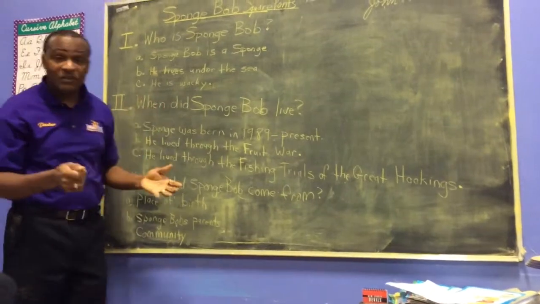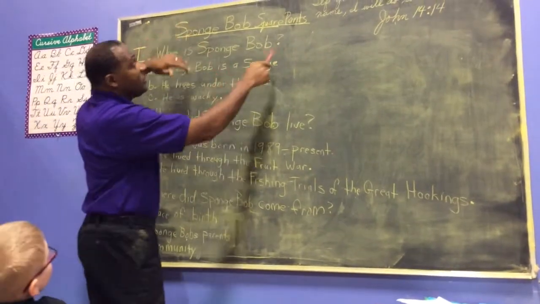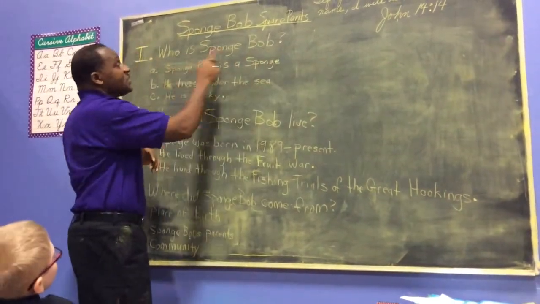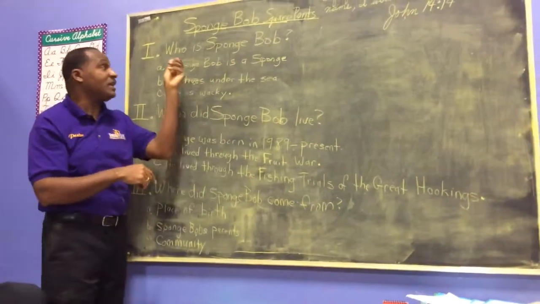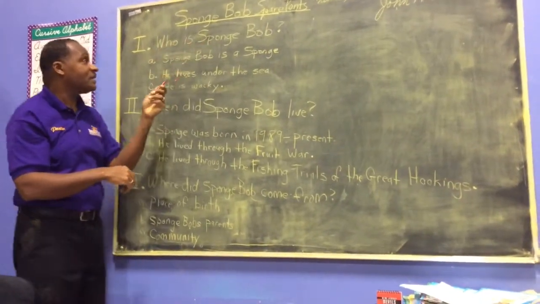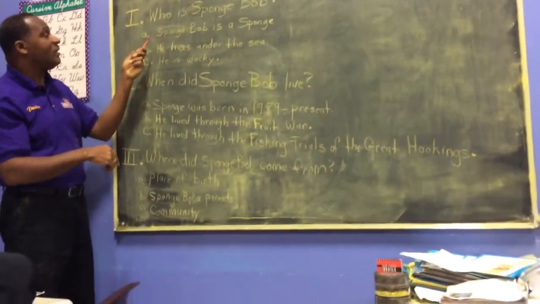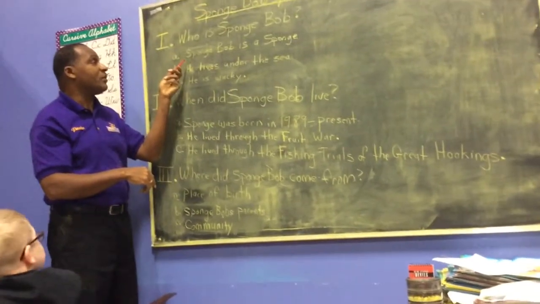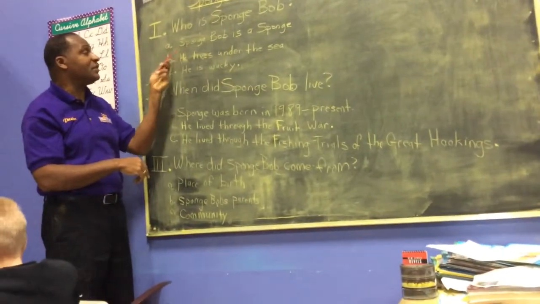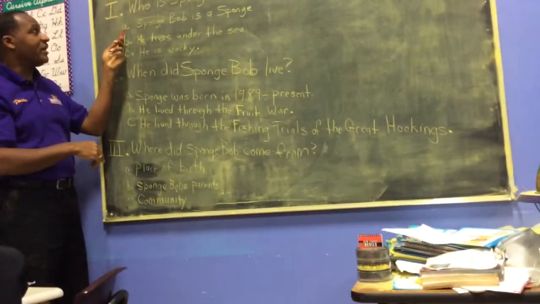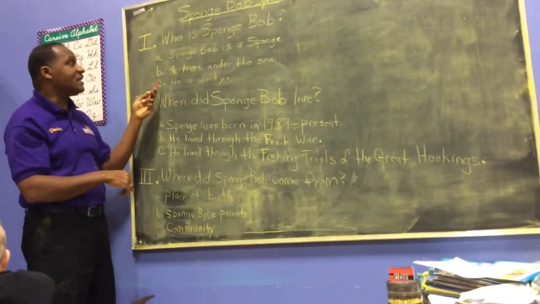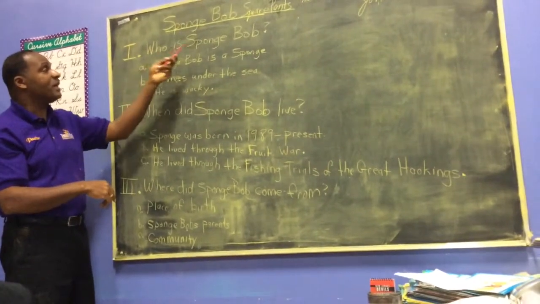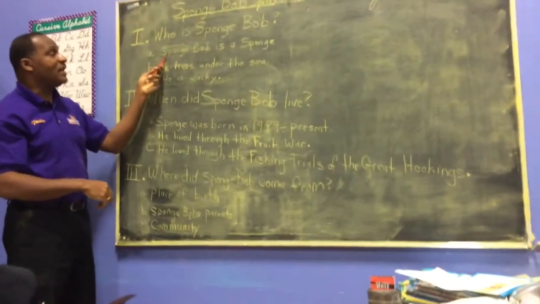Now, when you write your paragraph under here, you're going to write about who is SpongeBob SquarePants, and we wrote that in. Then to help build our paragraph, we're going to use these minor details that come up under that, and we mark them A, B, and C. So to help me know who SpongeBob SquarePants is, I wrote down what?